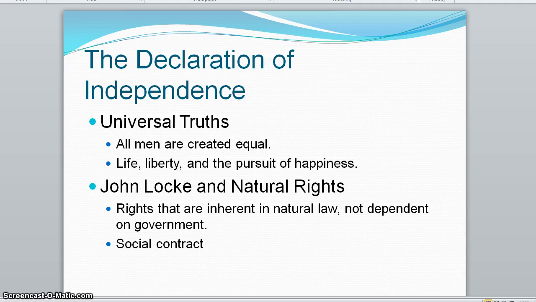And the Declaration also had what was a revolutionary idea of natural rights, and that reflected the arguments of the English philosopher John Locke, who wrote that rights are inherent in natural law and not dependent on government, and also that there was a social contract, which was a voluntary agreement among individuals to secure their rights and welfare by creating a government and abiding by its rules.